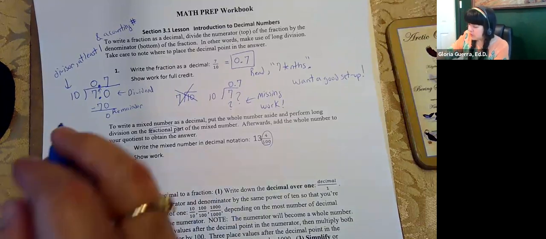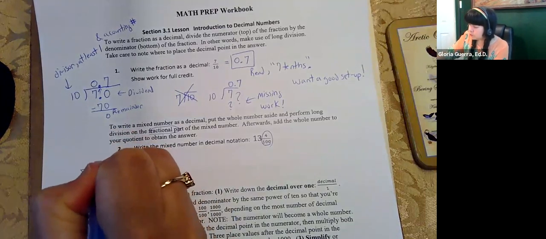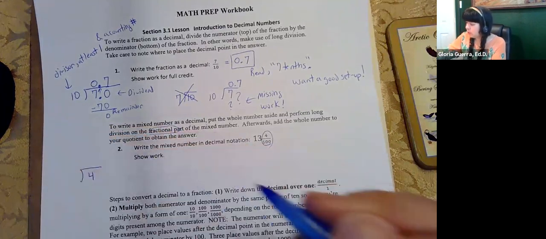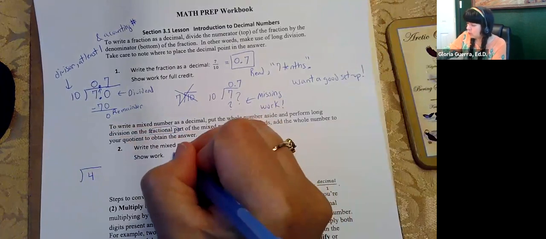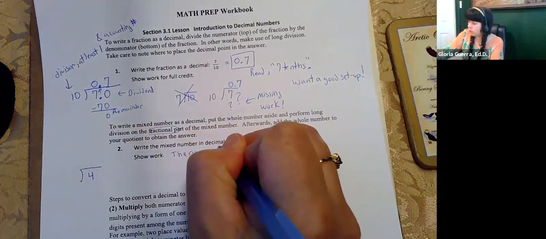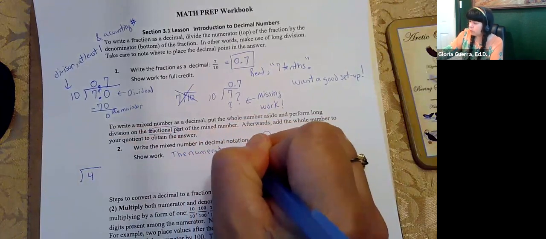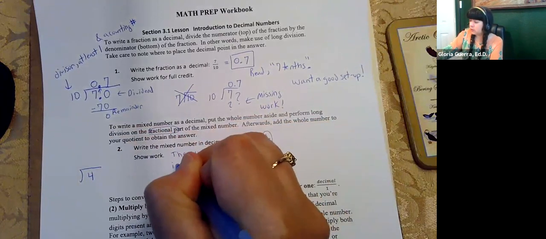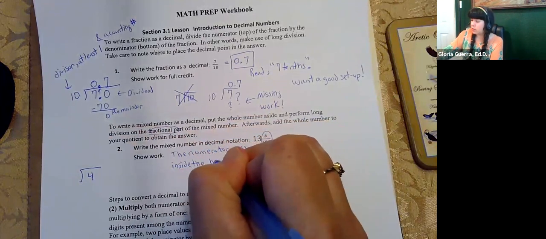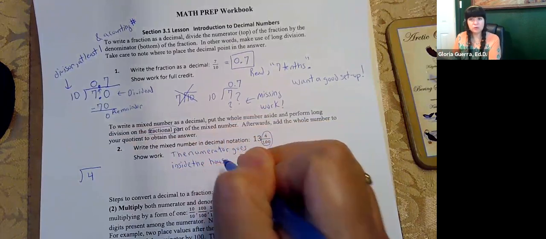So when you set up your long division, the 4 goes inside the house. So remember the numerator goes inside. I call it the house, the long division house, okay?